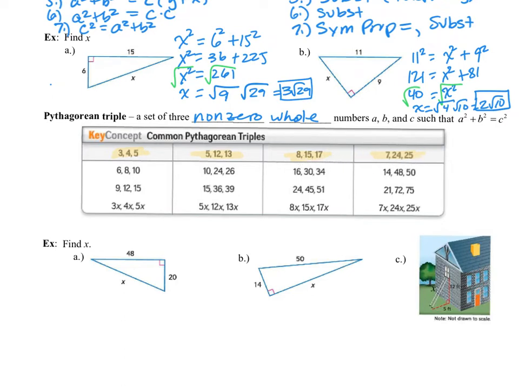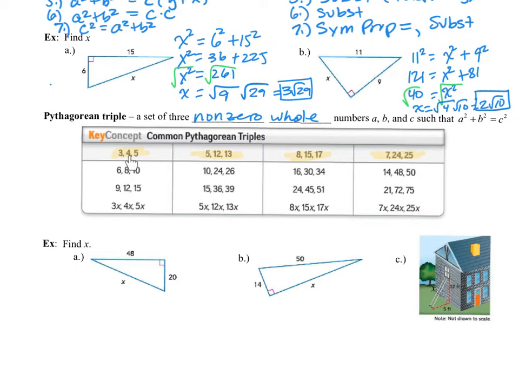Now, another very interesting thing about Pythagorean triples is that any multiple of a Pythagorean triple is also a Pythagorean triple. So in other words, if I take these three numbers, 3, 4, and 5, and multiply them all by 2, I'd have 6, 8, and 10. This is also a Pythagorean triple. 6 squared plus 8 squared equals 10 squared.